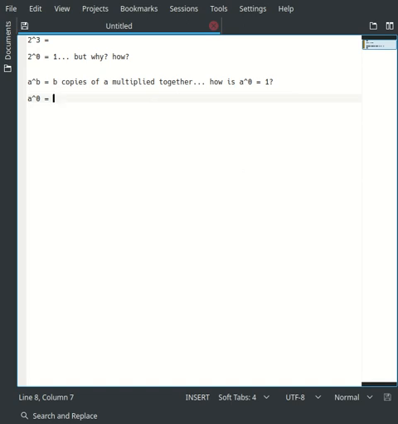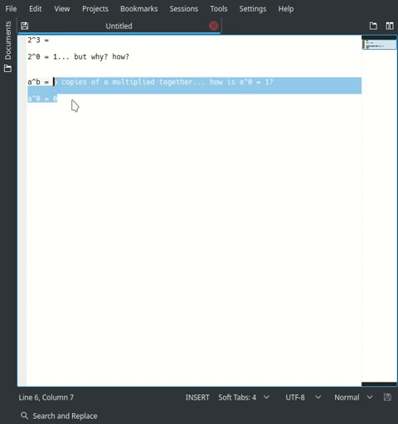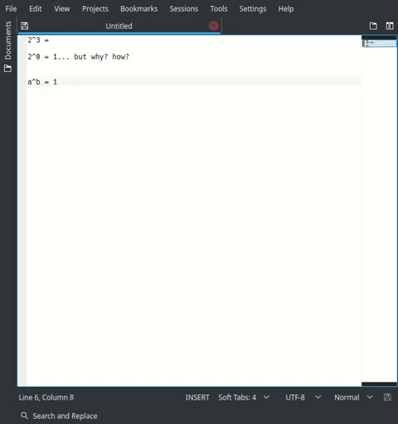B copies of A multiplied together, I just don't have anything at all. That's numerically wrong. It should be 1. So this really needs to start with 1, multiplied by A, B times.